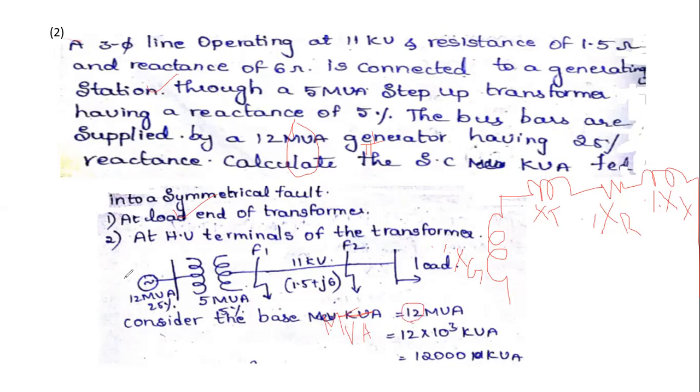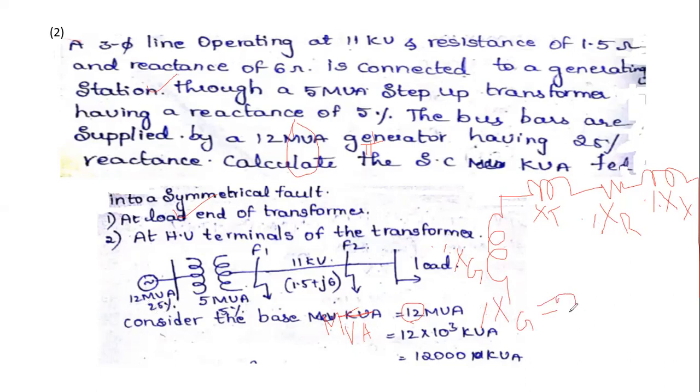Then we calculate the percentage reactance, that is Xg for the generator. Once again I am revising how we will calculate the percentage reactance for that generator. Therefore, Xg is equal to X value. What is the X value?